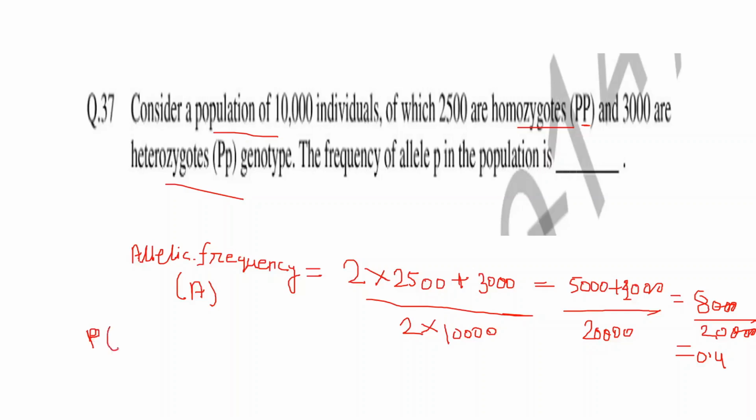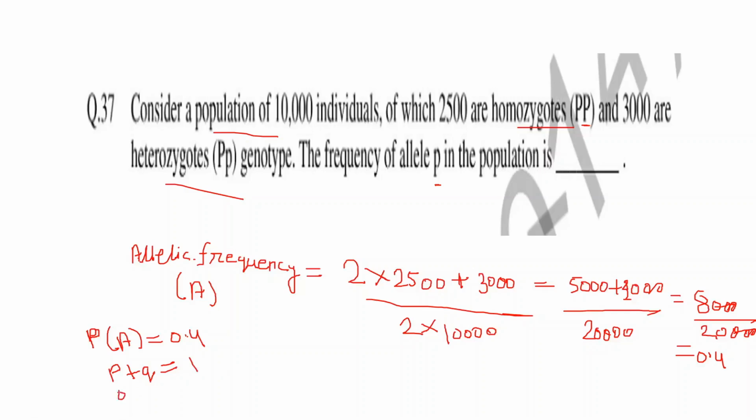Now you want to calculate the allelic frequency for small q. As we know, p plus q equals 1.